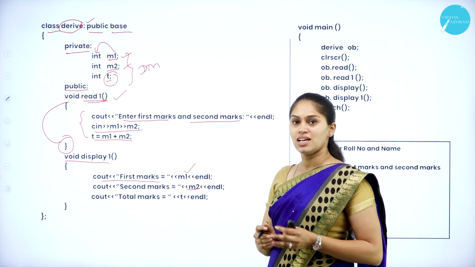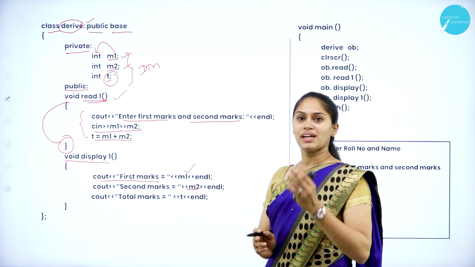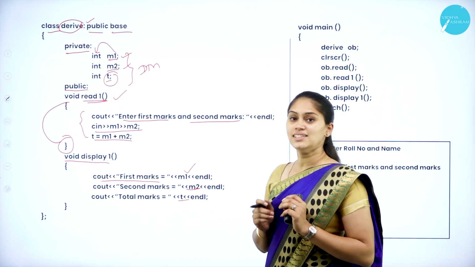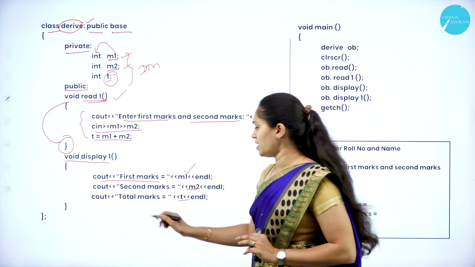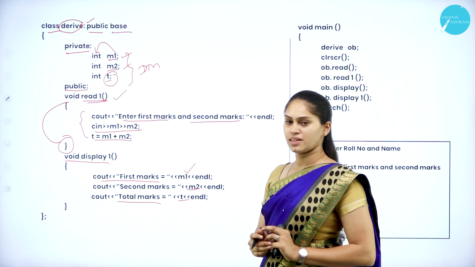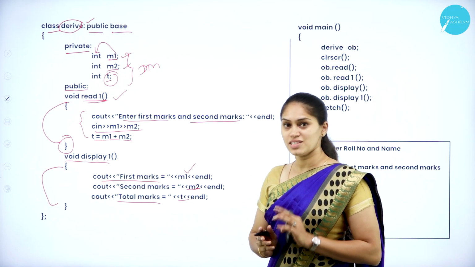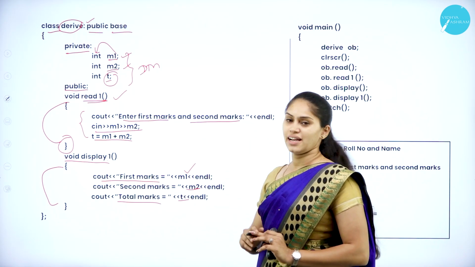The total marks are going to be stored in the variable called T. So here I am taking the T variable in order to display the total marks. Then I am going to close the function display1, which is a member of the class called derive.